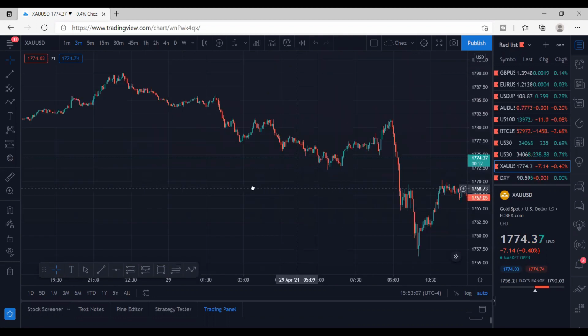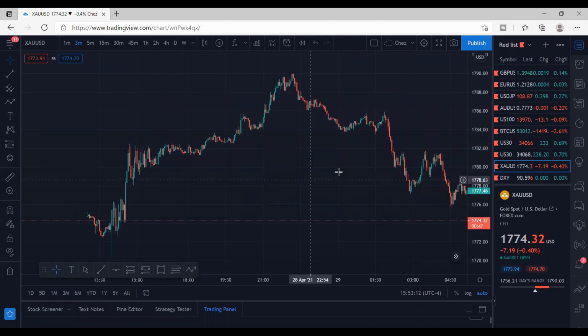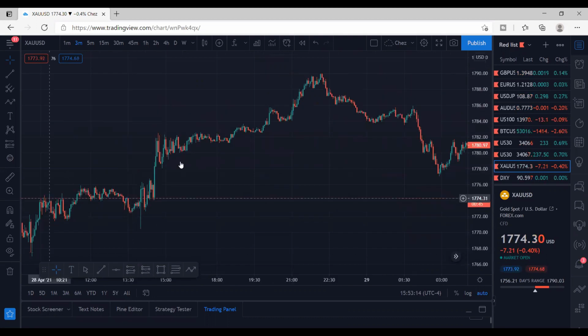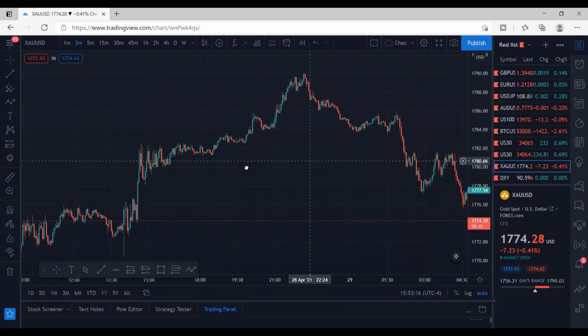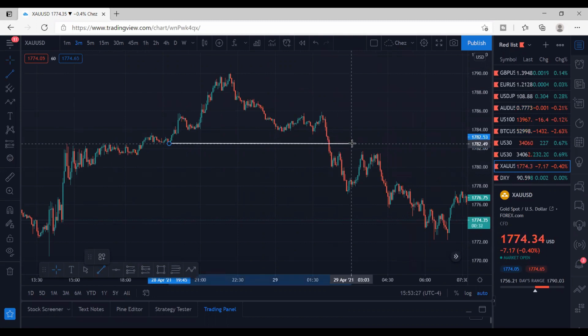Right now we notice that price has been in the uptrend right here, and then price starts to break low, breaking this structure point right here. So you could say at this point price is in a downtrend. It's a shift of structure.